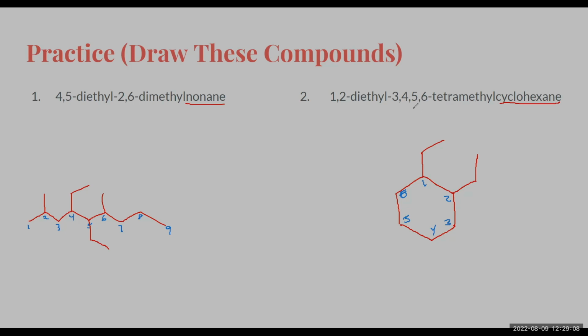So each one of those locants has a methyl group hanging off of it. So I'm just going to draw methyl groups hanging off of each one. So I have 1 here, 1 here, 1 over here, and 1 here. And so that's what this compound would look like. So yeah, hopefully it's a lot easier to draw the compounds given a name rather than the other way around.